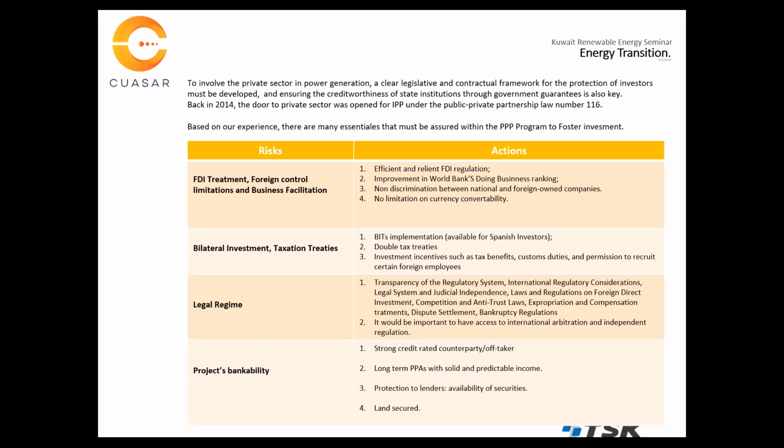One point that we think is very important, at least for us, within the legal regime, is also having access to international arbitration and independent regulation, rather than Kuwaiti courts being the competent authority.